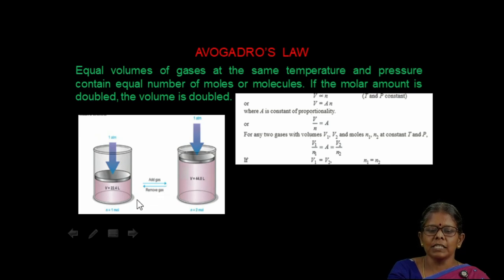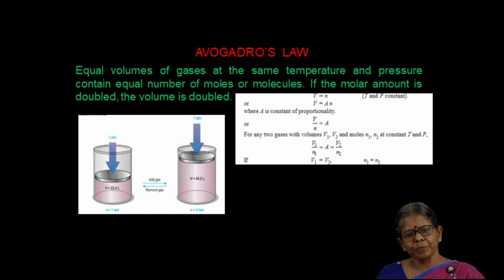The volume increases from 22.4 liters to 44.8 liters as the number of moles increases from 1 mole to 2 moles. This is Avogadro's law and this is its mathematical expression: V1 equals V2 if n1 equals n2, then the volume remains the same at the two states.